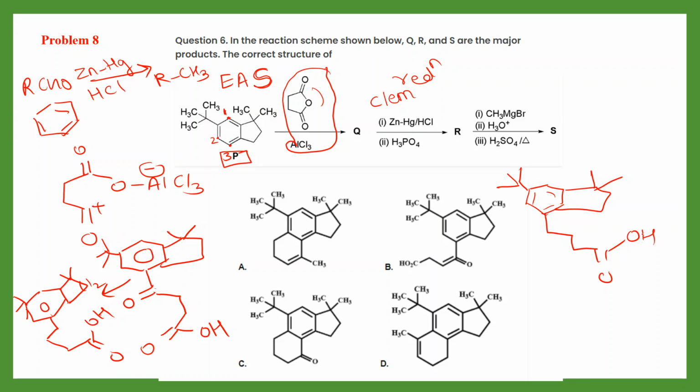Now see, H3PO4 is nothing but your acid. Acid is going to protonate this, right? H2O will leave, positive charge will come here, and it will again do your electrophilic aromatic substitution reaction. Understood?